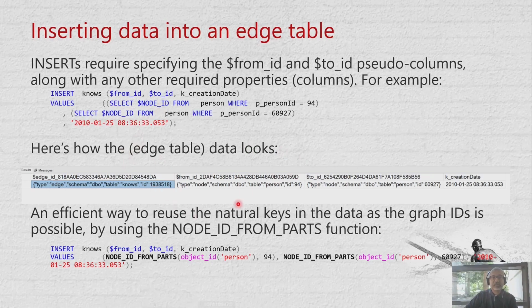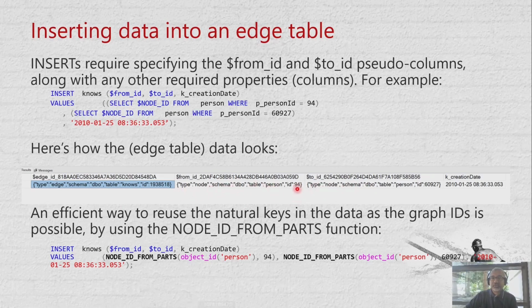When you select data back from the edge table, you will see pretty much the only attribute that you inserted, which is the date at which the data was created. In this case, we inserted this value and we got back that same value, but the from and the to IDs, as you can see, are clearly represented in the same kind of JSON format that we saw earlier. So it says here this from ID is coming from the person table.